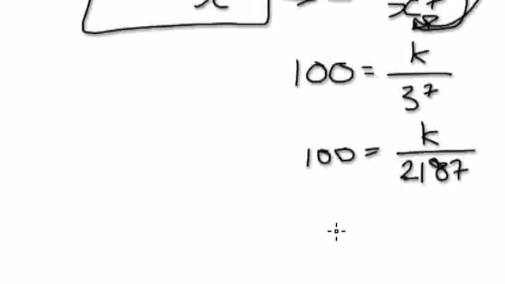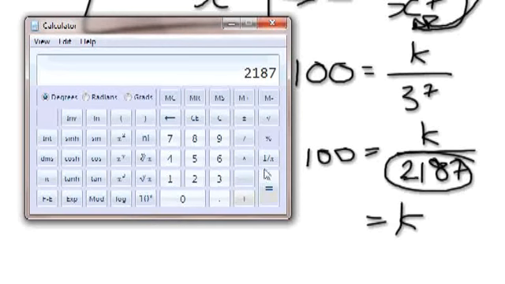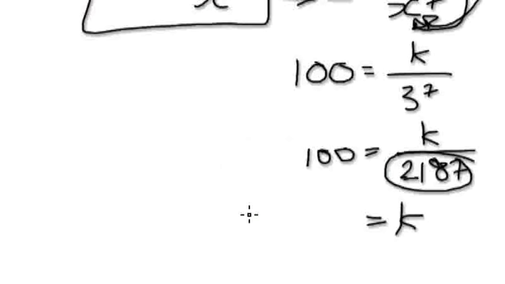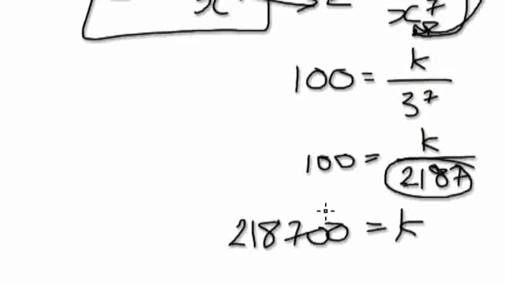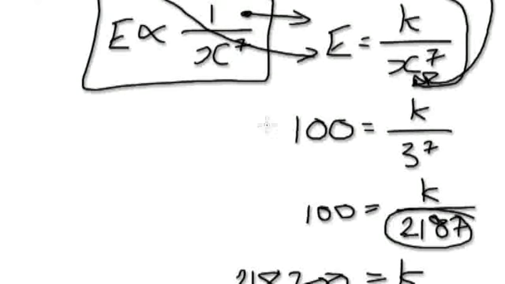Now times both sides by this number here to get k on its own. So k equals this number here times 100, which is 218,700. So now we've got a value of k. We can put it into this thing here.